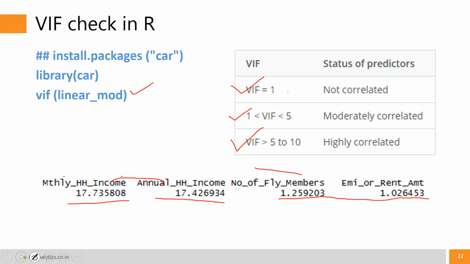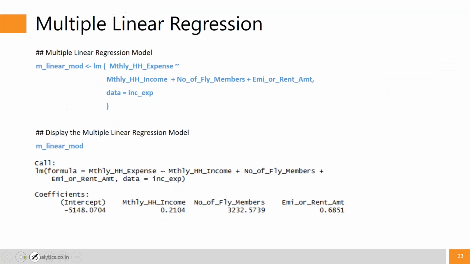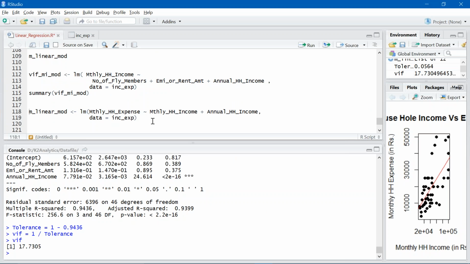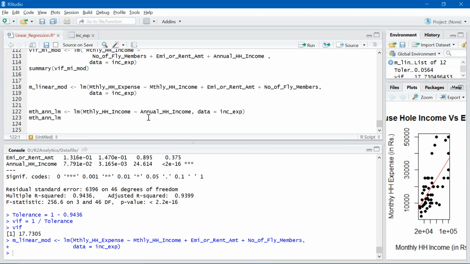I'll drop one. Okay. So here, because I now know that annual income and this has got relationship, my final model will have only these variables. Expense as a function of monthly income, EMI, family members, and this is what I'll have as a final model.